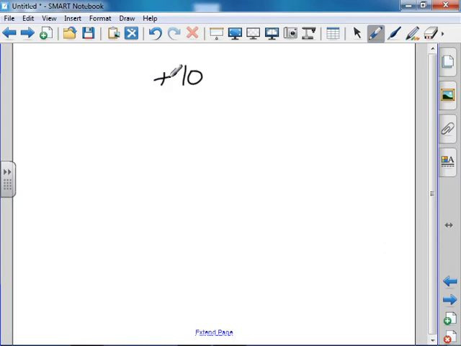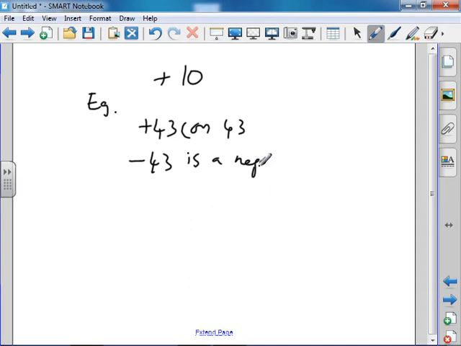If the number has a negative sign, it will be considered as negative. For example, plus 43 or 43 is a positive number, minus 43 is a negative number.